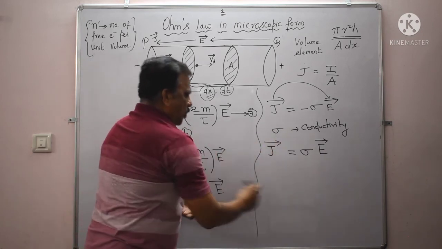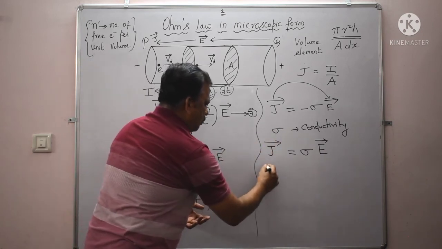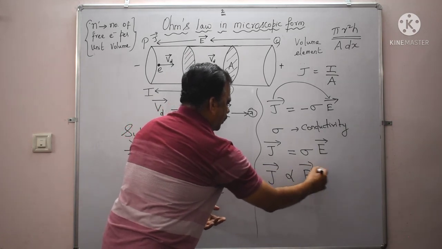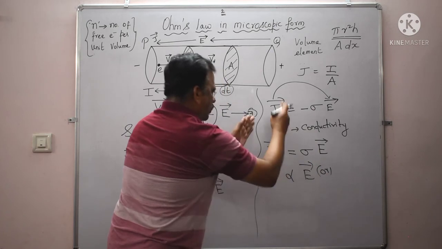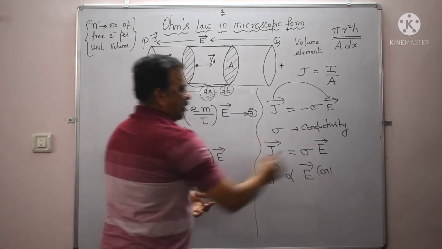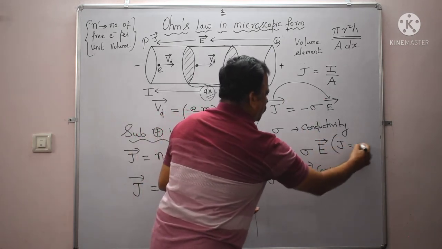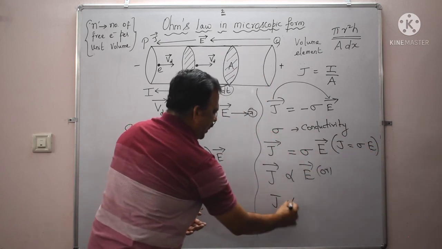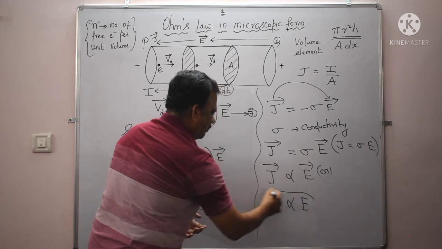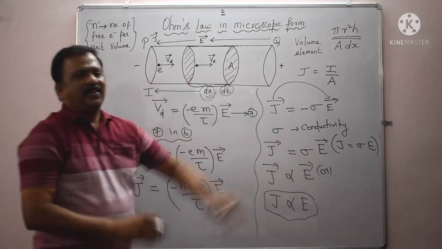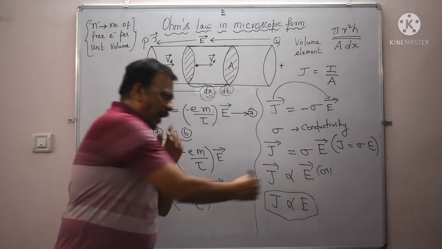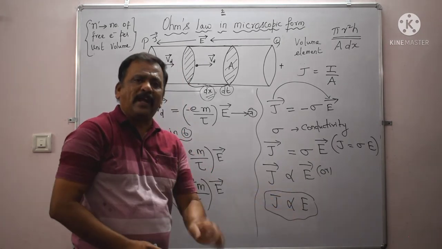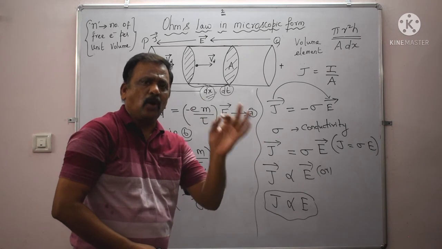Now let me remove the constant sigma. I end up with J vector proportional to E vector, or in terms of magnitude, taking modulus on either side, J is equal to sigma into E. Remove sigma, and I get J proportional to E. Thus the current density is directly proportional to the applied electric field, provided the temperature remains constant.